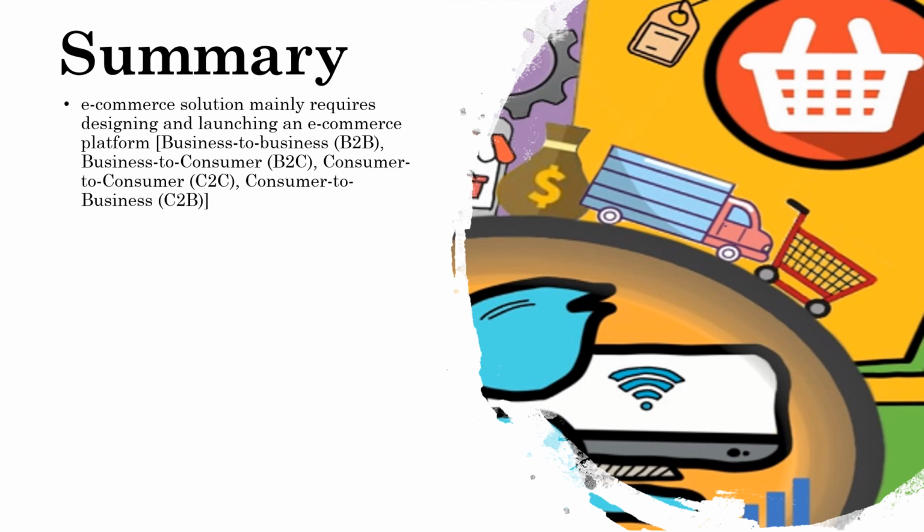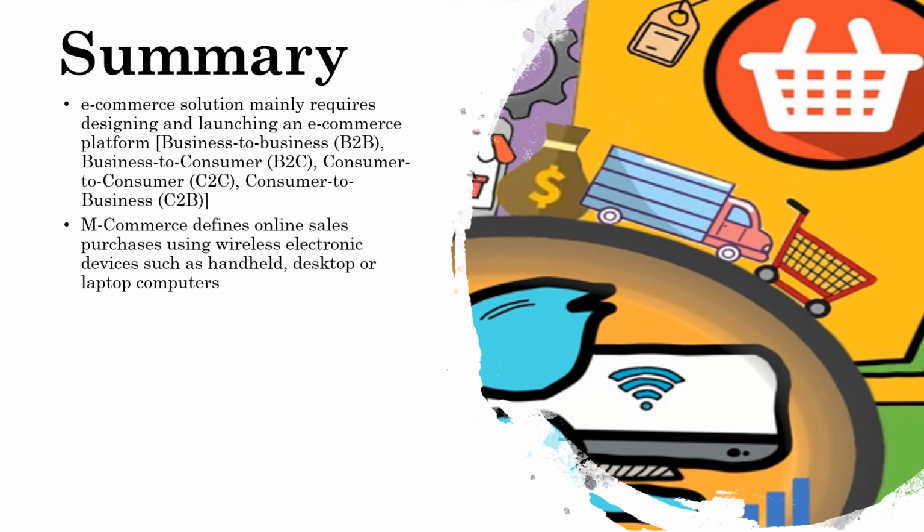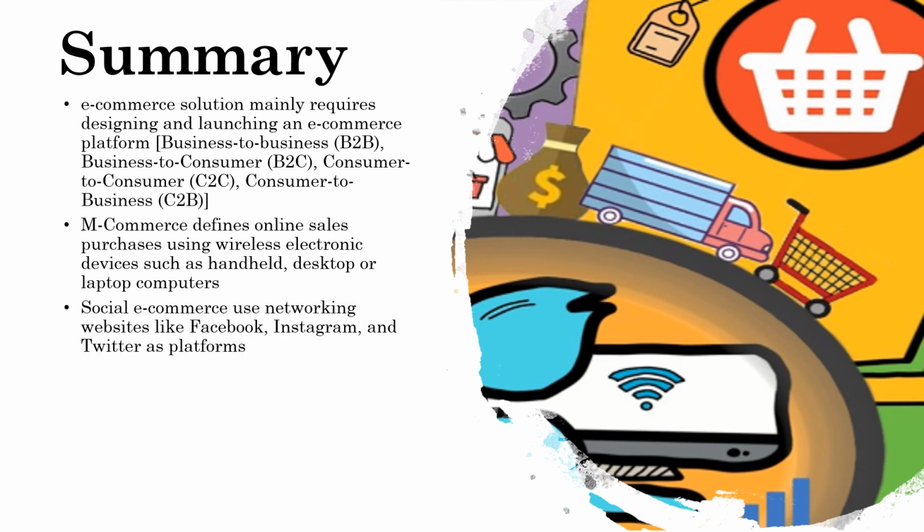So in summary, we have the e-commerce solution which mainly requires designing and launching an e-commerce platform: business to business, business to consumer, consumer to consumer, and consumer to business. It also says that m-commerce or mobile e-commerce defines the online sales purchases using wireless electronic devices such as handheld, desktop, or laptop computers.